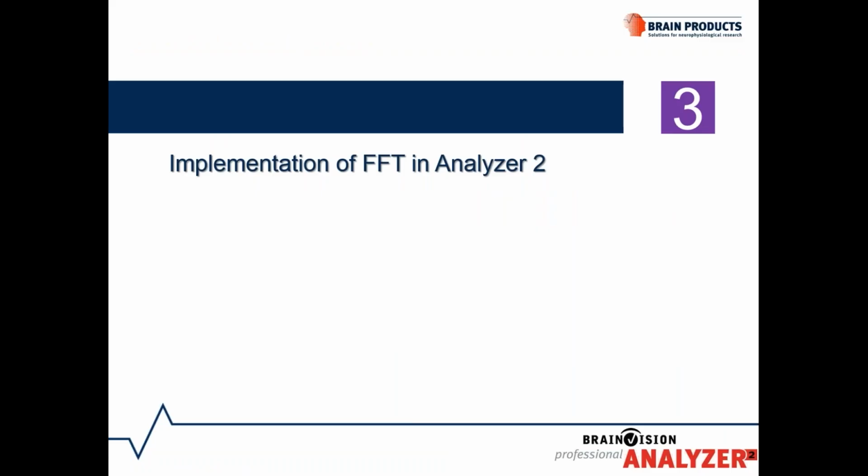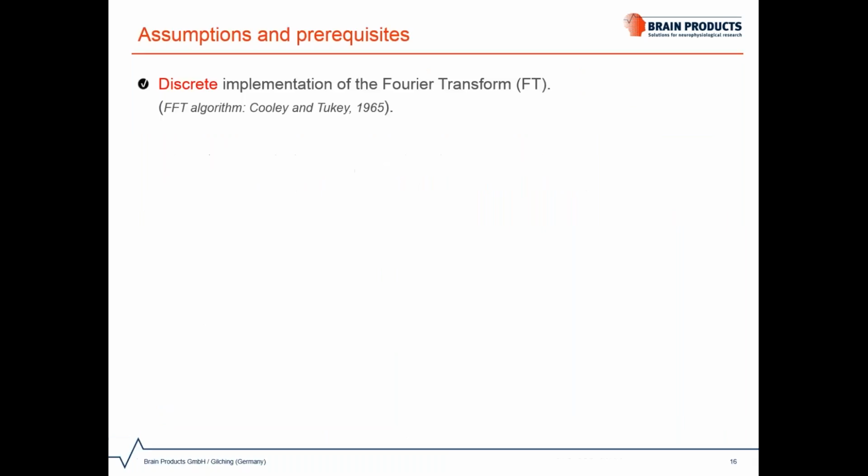Okay, now that we have covered the theoretical background of FFT, let's move on to its implementation in Analyzer 2. In Analyzer, we offer the discrete version of the Fourier transform. As you may recall from the previous slide, there was an integral running from -infinity to +infinity in the equation of the continuous Fourier transform.